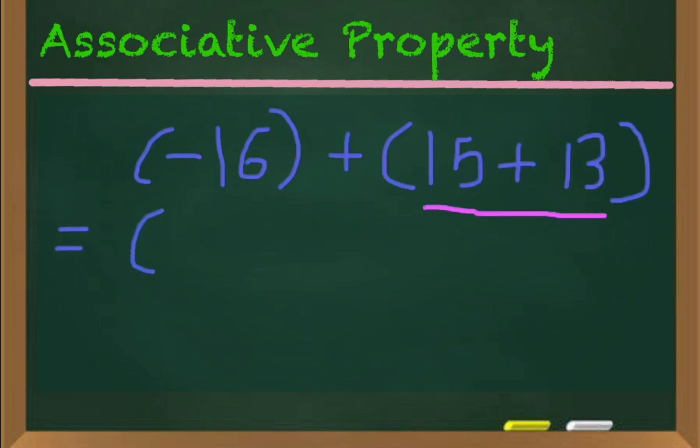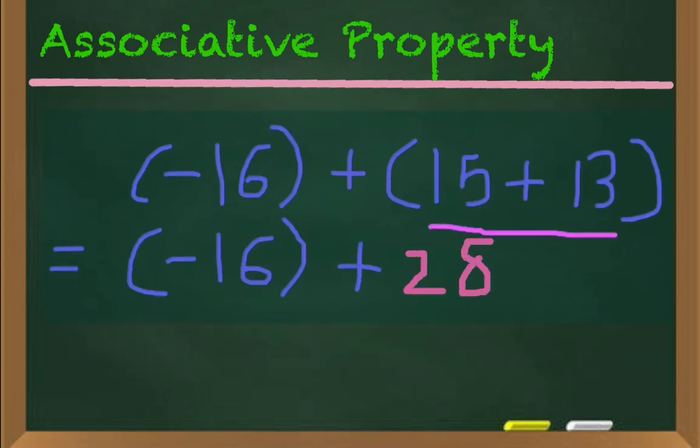So it is equal to -16 plus 28. As you know, minus and plus becomes minus. So we are going to do 28 minus 16. After subtracting 16 from 28, we are getting 12 as the answer. As the bigger value is 28, which has positive sign, the answer is also coming in positive. So you can see here the answer is coming 12.